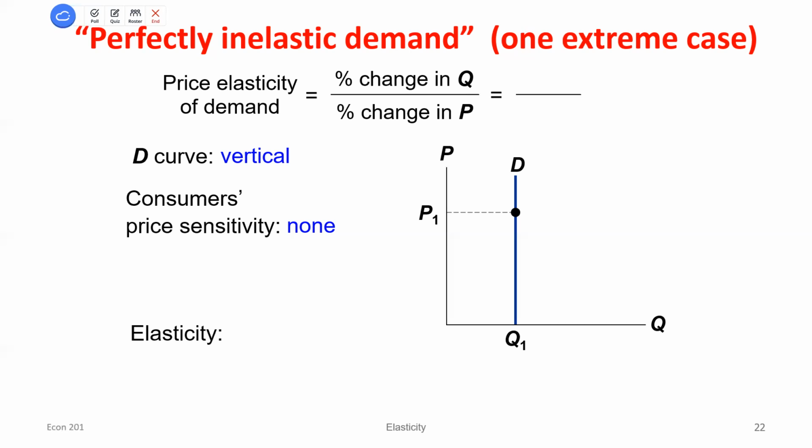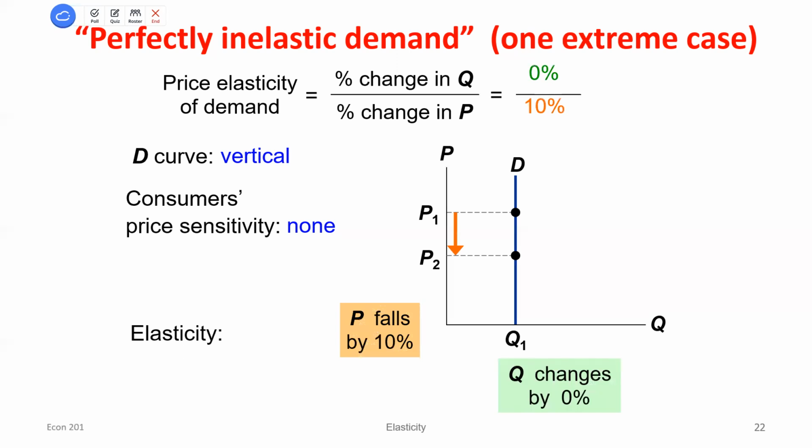What would that look like? At every single price, I demand the same amount. So if I graph that, my Y values change, but the X value is always the same. I get a perfectly vertical line. I'll never see quantity demanded change, so my elasticity is always 0.